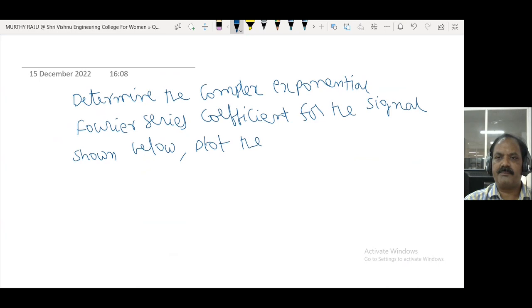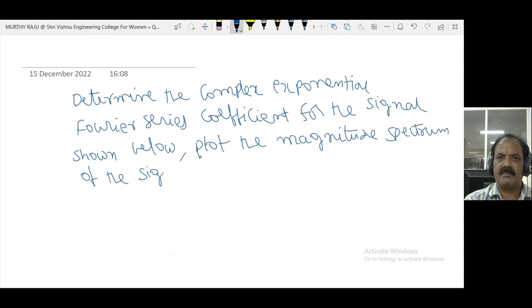Plot the magnitude spectrum of the signal and determine the Fourier series coefficient.